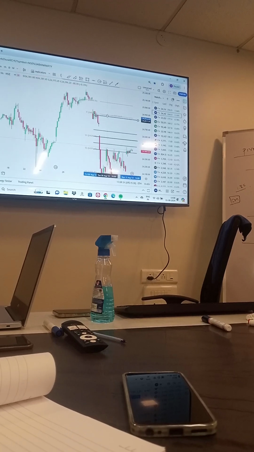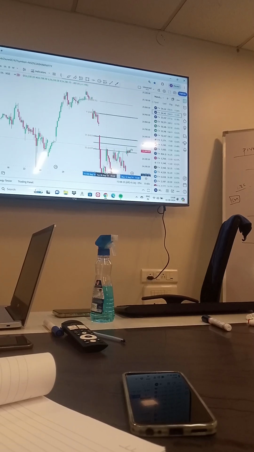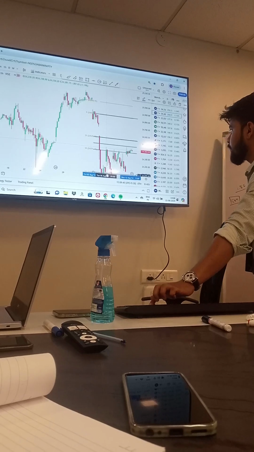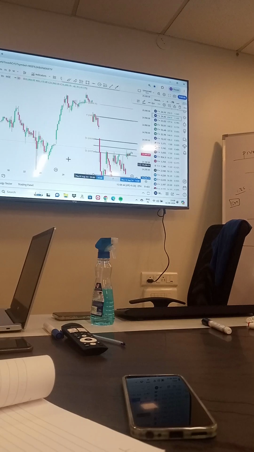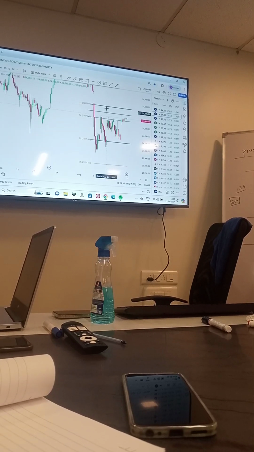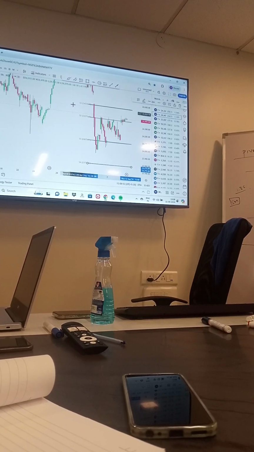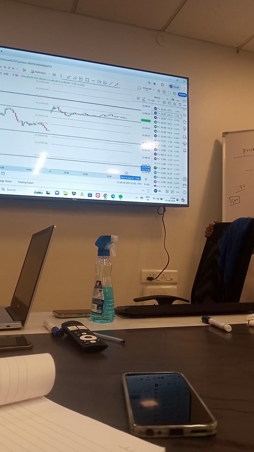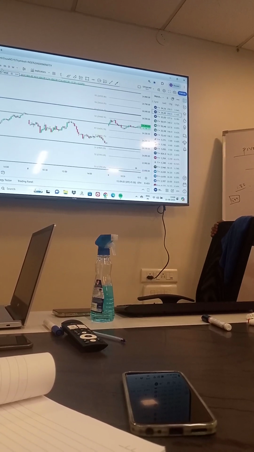I am going to place it here, exactly above where the pivot is. Now I am going to place another one here. Now I will shift the time frame to the lower time frame, 5 minutes. So now just watch how beautifully the price is going to behave.